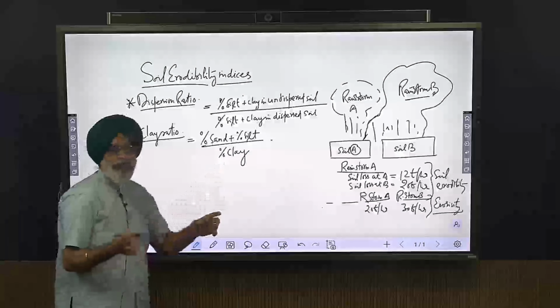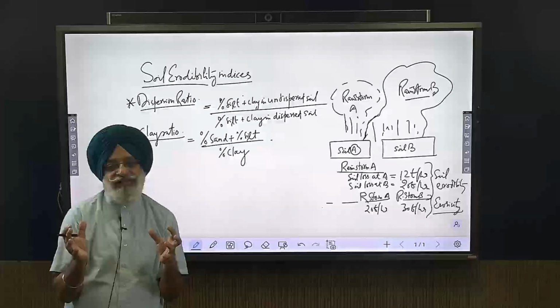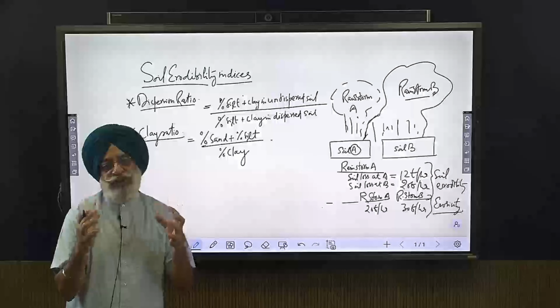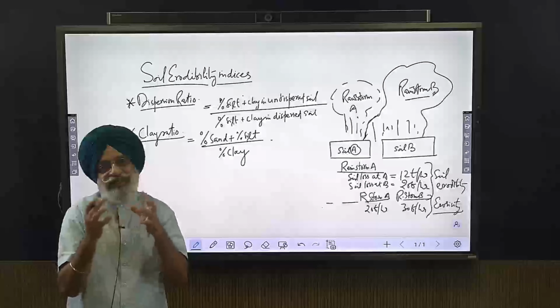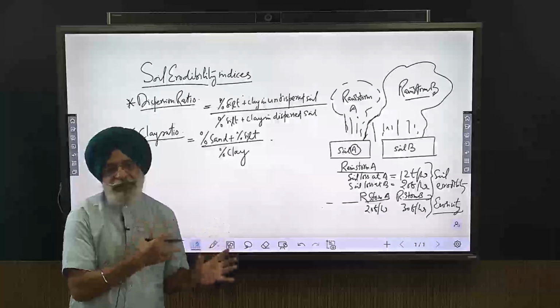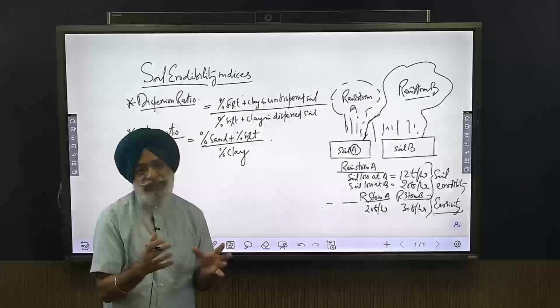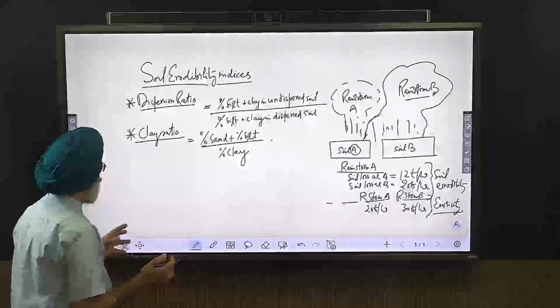This is because clay itself acts as a binding agent. It binds the particles and makes the aggregate stronger. A stronger aggregate is less erodible; it does not get broken down easily by the falling raindrops. So, this parameter, the clay ratio, gives more importance to clay particles than anything else. It stresses the importance of clay.